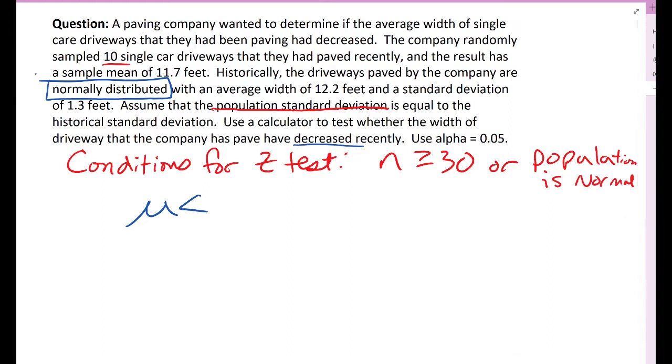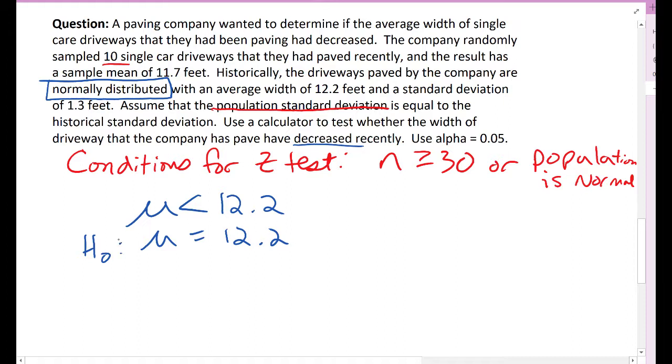Historically, the driveways paved by the company have an average of 12.2, and we're trying to see if the average width has decreased. So our hypotheses are: H0, the mean equals 12.2, remember that's our convention for writing H0, and HA, mu is less than 12.2. HA is our claim, and honestly, most of the time HA will be your claim.